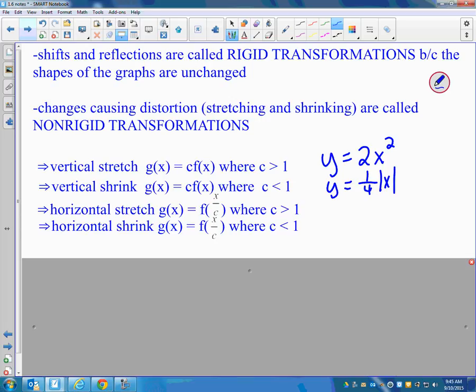So a horizontal stretch is when it's on the inside, like if I said y equals the square root of x over 7. That's ugly. That'd be a terrible graph. Notice that the 7 is in there, but I really did pick a value where c is greater than 1, because 7 is greater than 1, but it looks like it's a fraction.